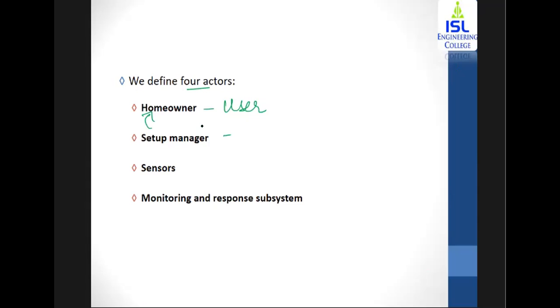So this is the same actor playing two different roles. He's the homeowner and he's also the setup manager.